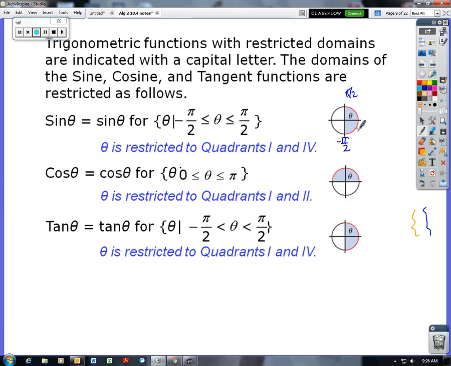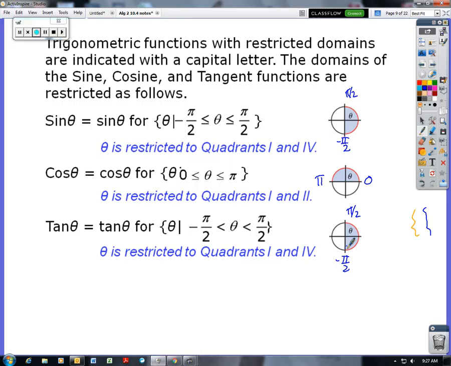Then arc cosine is restricted from 0 to pi, which would be quadrants 1 and 2, as you can see here shaded in. And then inverse tan is restricted from negative pi over 2 to pi over 2, just like sine. However, notice on arc tan that there are no equal to's here. That's because arc tan is actually undefined at negative pi over 2 and pi over 2.